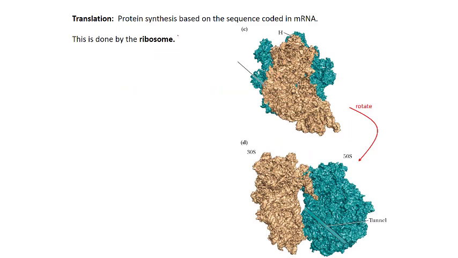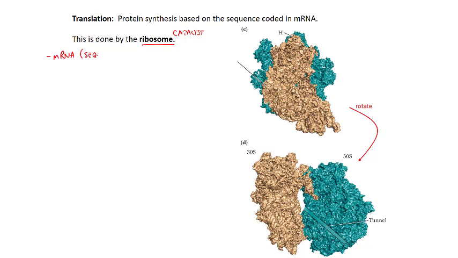So translation is protein synthesis based on the sequence encoded in mRNA. This is done using the ribosome. The ribosome is your catalyst. So the three things that you need for protein synthesis. First of all, you need an mRNA.